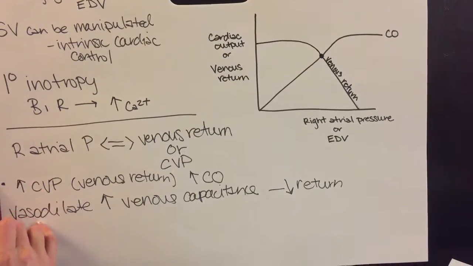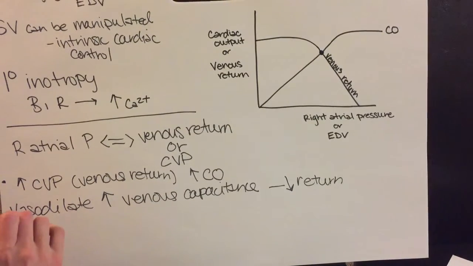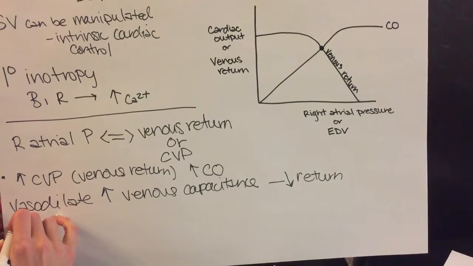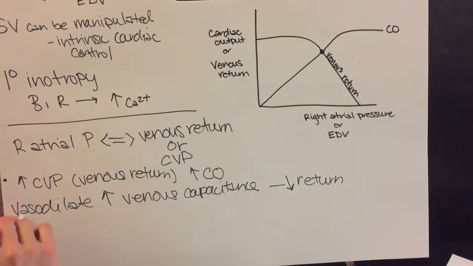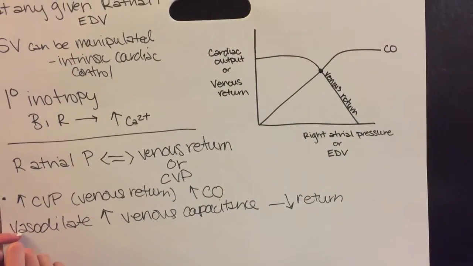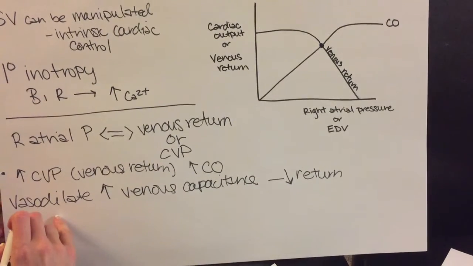Additionally, we also have to think about resistance, and this is our afterload. So this is our preload part of the equation, and our afterload part of the equation will also affect our cardiac output.